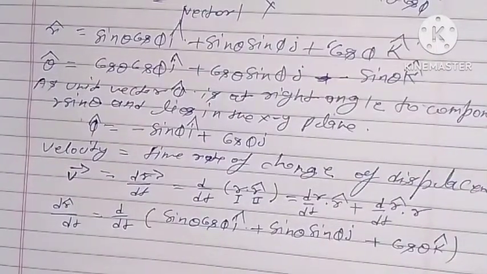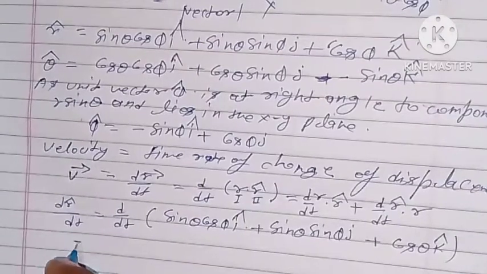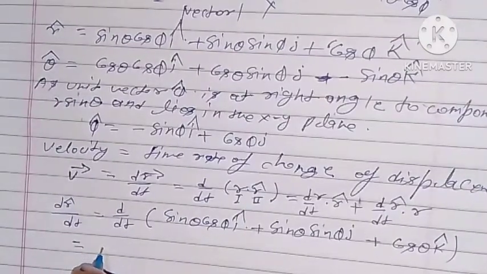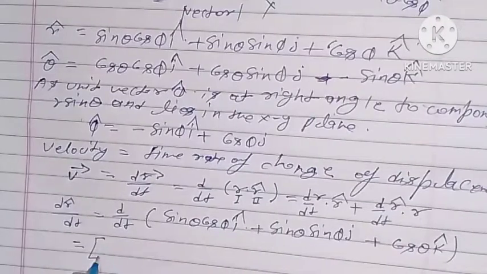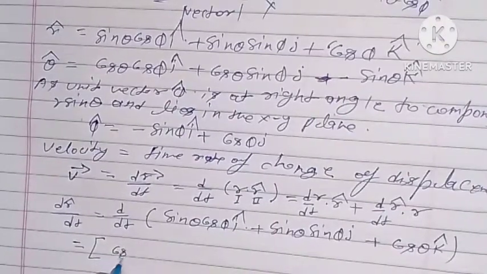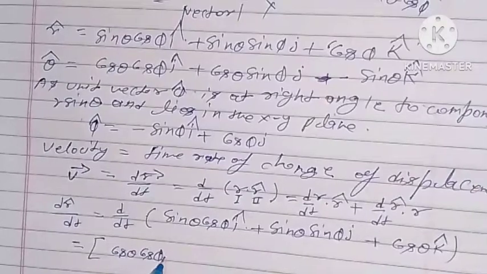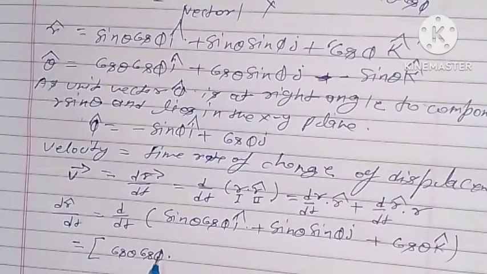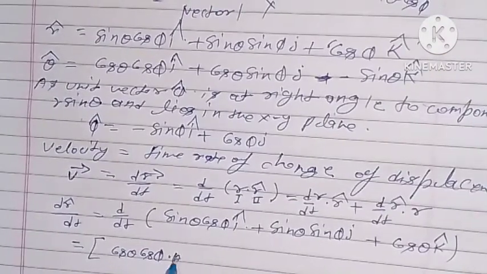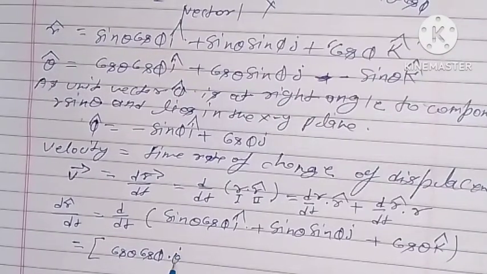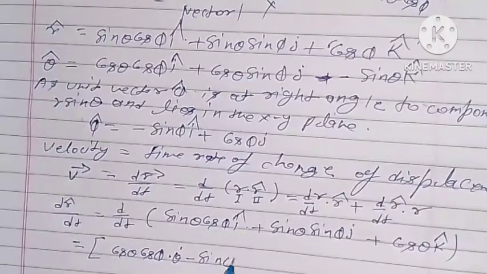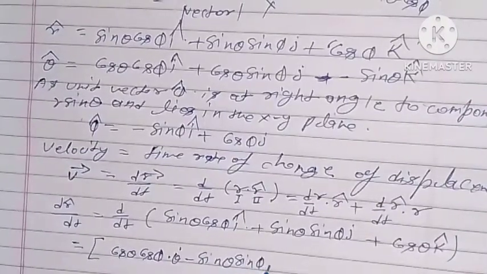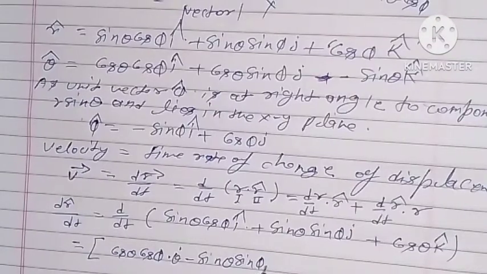We can differentiate this value, equal to cos theta cos phi into differentiate. The differential of sin theta equals cos theta, and of cos phi, and the differential of theta, minus sin theta sin phi, differential of phi.